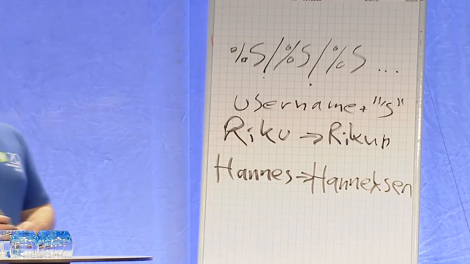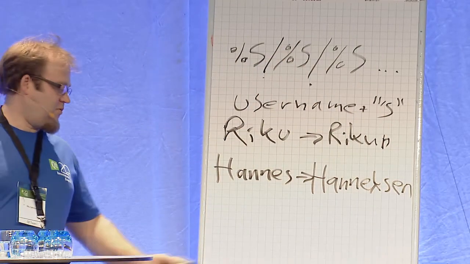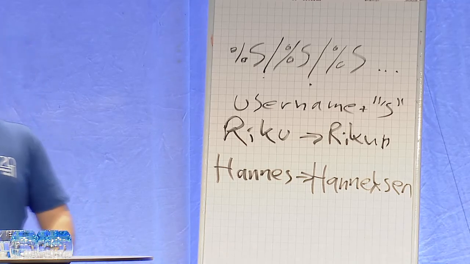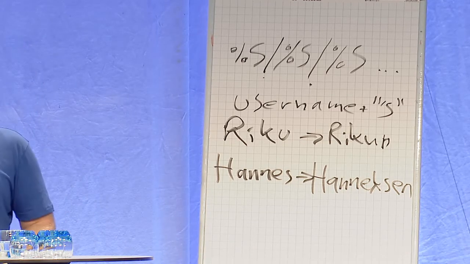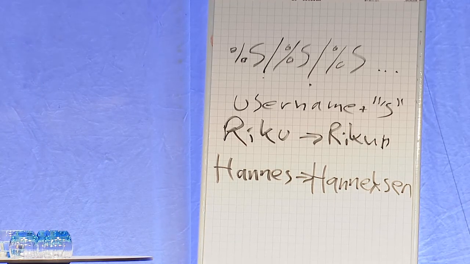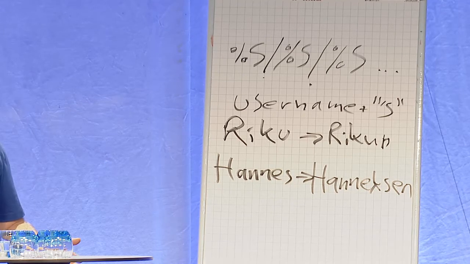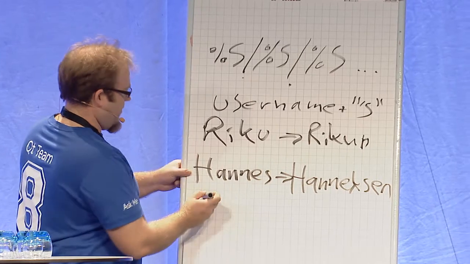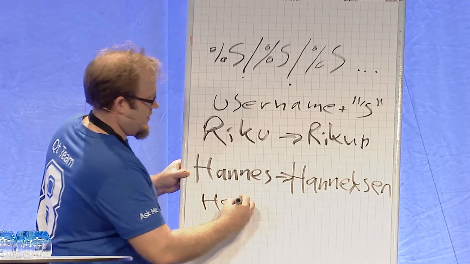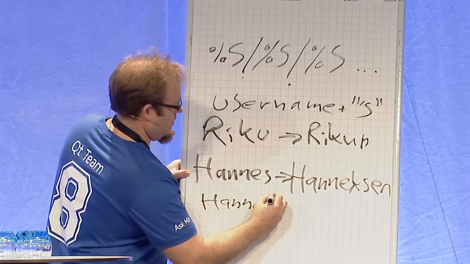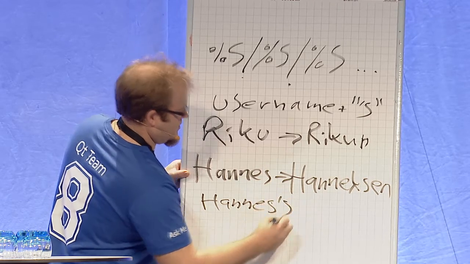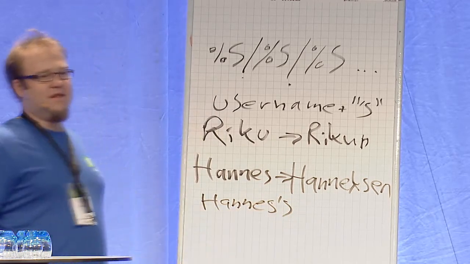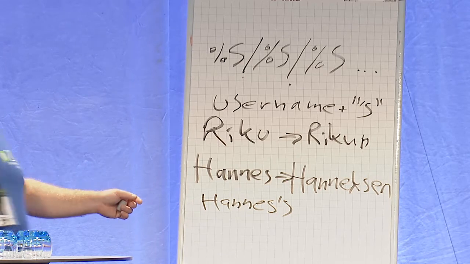So, how do you do that? Do you have a database of all genitive forms of all Finnish names? What if they're not using a name as their username? So, instead of having, let's say, Hannes's files in English, I don't know if you use that in English.